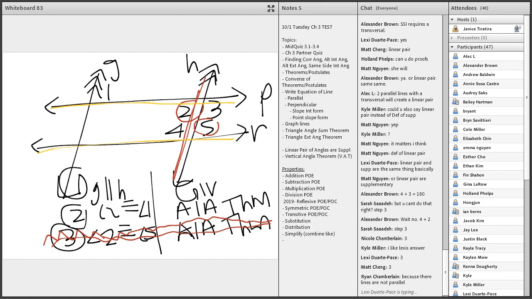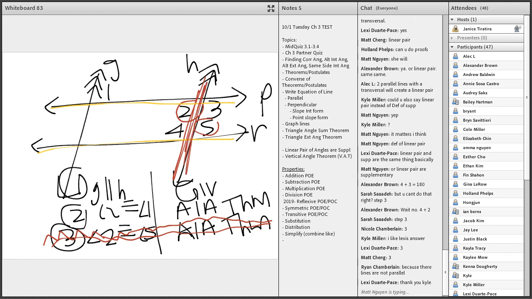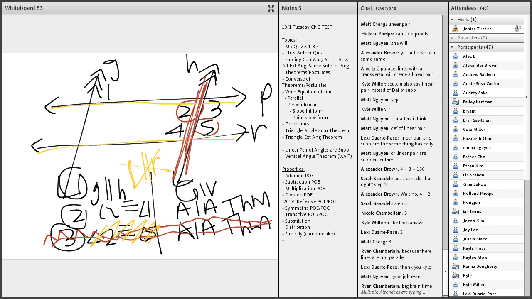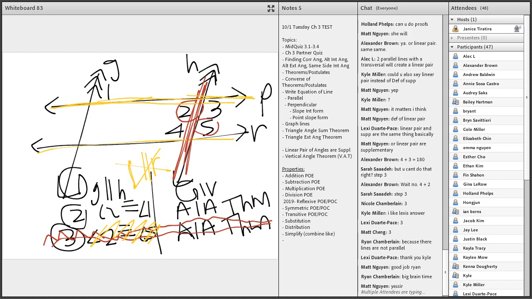So look at how the red and the yellow, right? Red is the transversal. So we never said the 2 yellow lines are parallel. We never said P and R are parallel. It was never stated. So that's why 2 and 5 we cannot say. Versus if you look at G and H, those are parallel, and we have our transversal touching 1 and 2. So yes, that is correct. That's a big mistake.